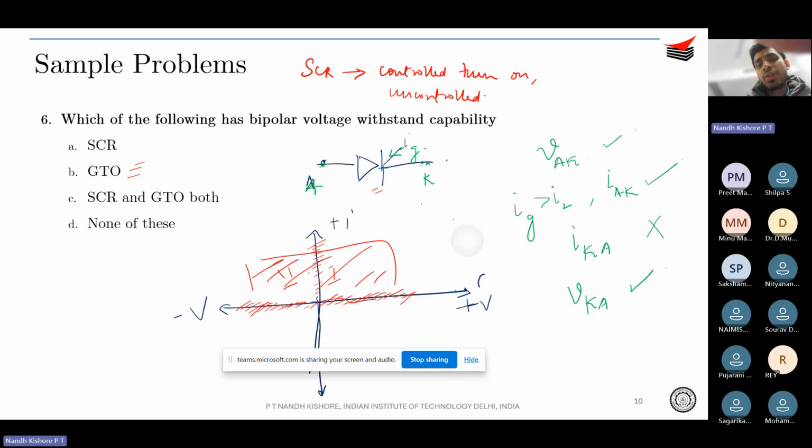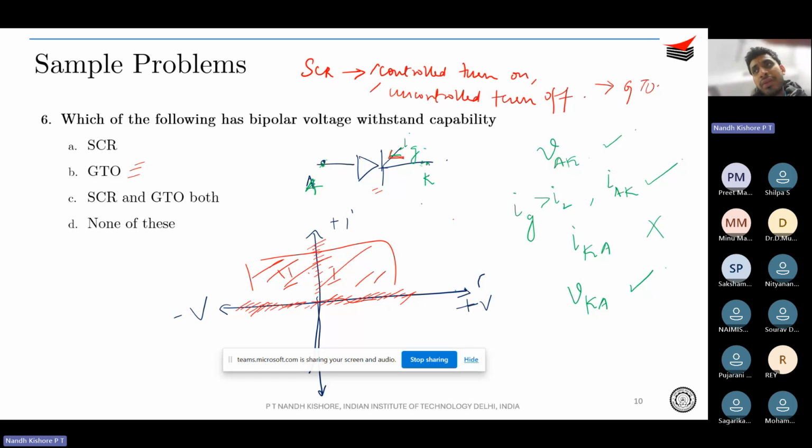Uncontrolled, or people call it semi-controlled as well. So uncontrolled turn off. In order to overcome this particular drawback, GTOs were invented, wherein you use the gate again to control its turn off as well.